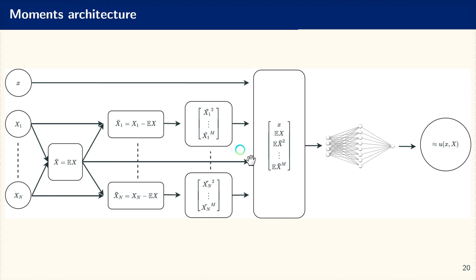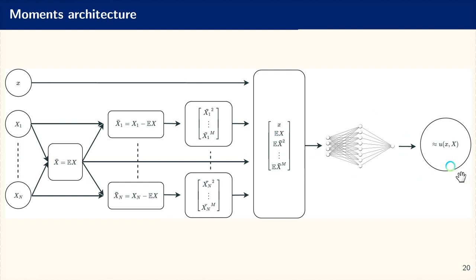Let me give you a little bit of intuition about how this moments architecture works, about how the ReLU architecture works, so we can move right away to the training of the network. So remember, we are going to have an outer layer, the Rho, that takes X and something that comes from the phi, that will be over here. And then what we have is the different X's, we compute moments from 2 to M, and that will give us the approximation that we need.